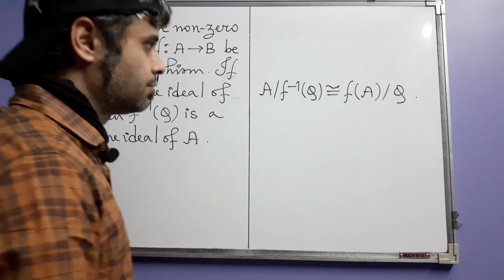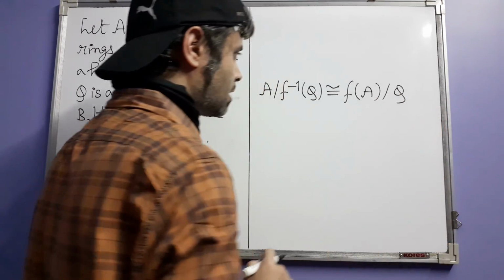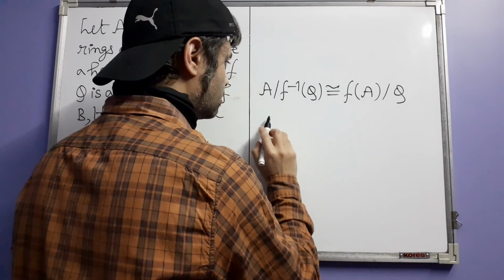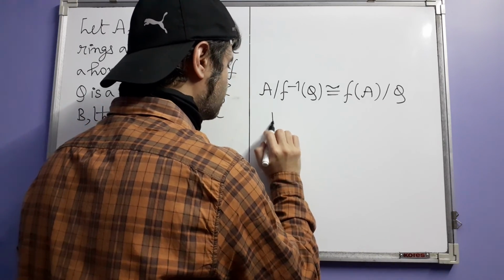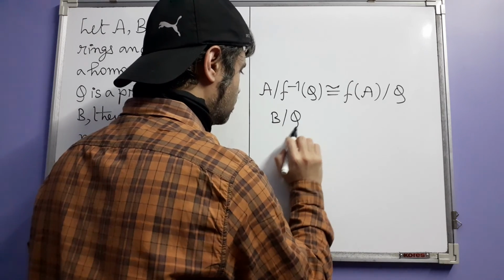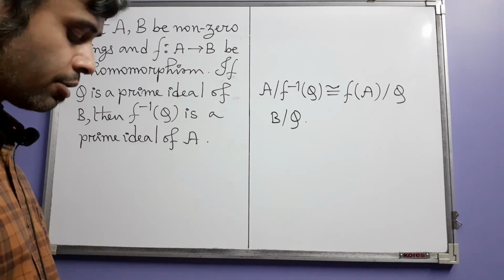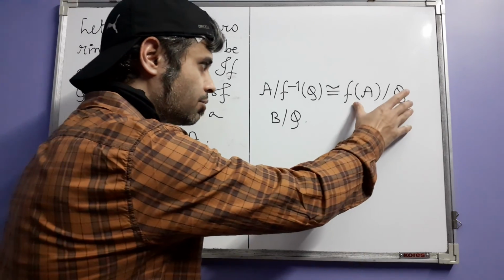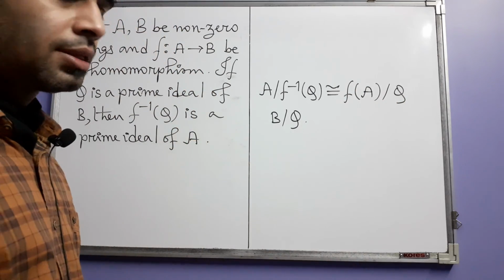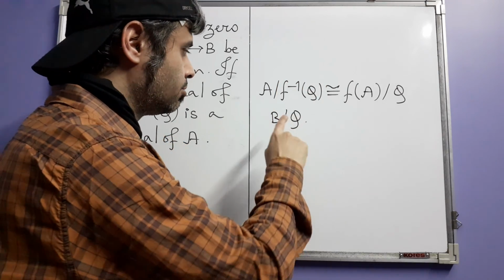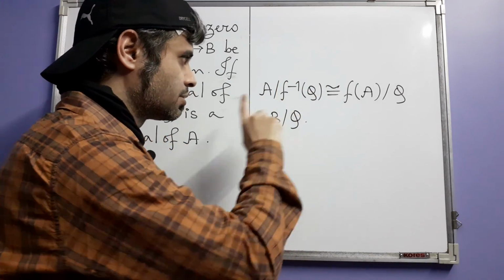And then, as the authors suggest, this is a subring of B slash Q, this quotient ring. Actually, the authors did not say anything about this ring. They simply said that this quotient ring is isomorphic to some subring of this.